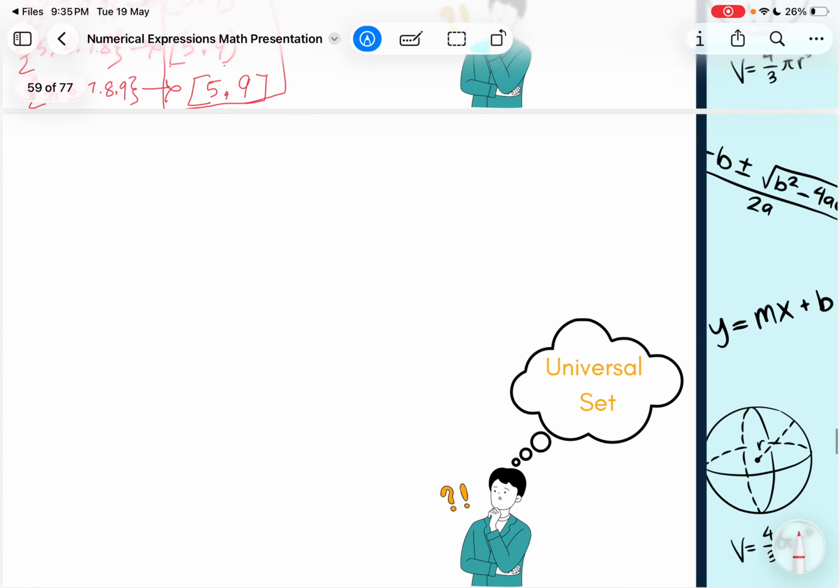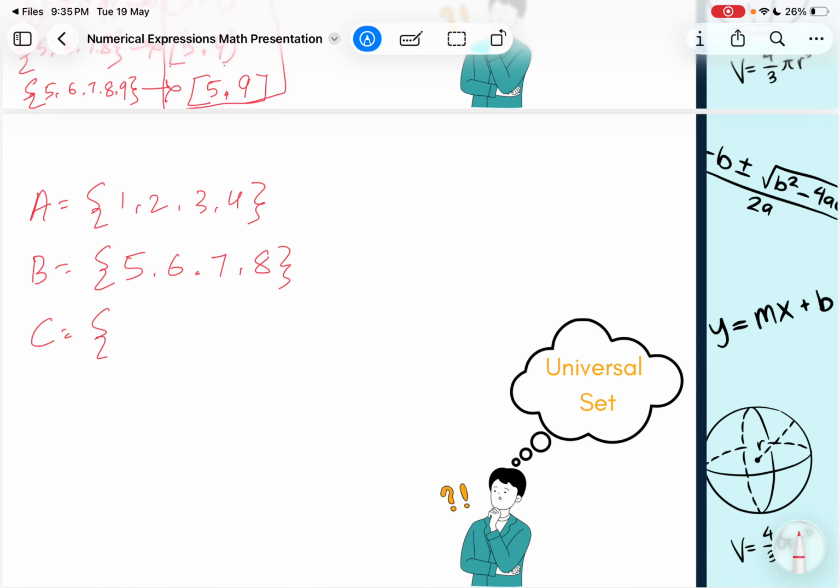Now the universal set. Suppose we have a set 1, 2, 3 and 4. We have another set which is 5, 6, 7, 8. We have another set 1, 2, 3, 5, 7, 9.